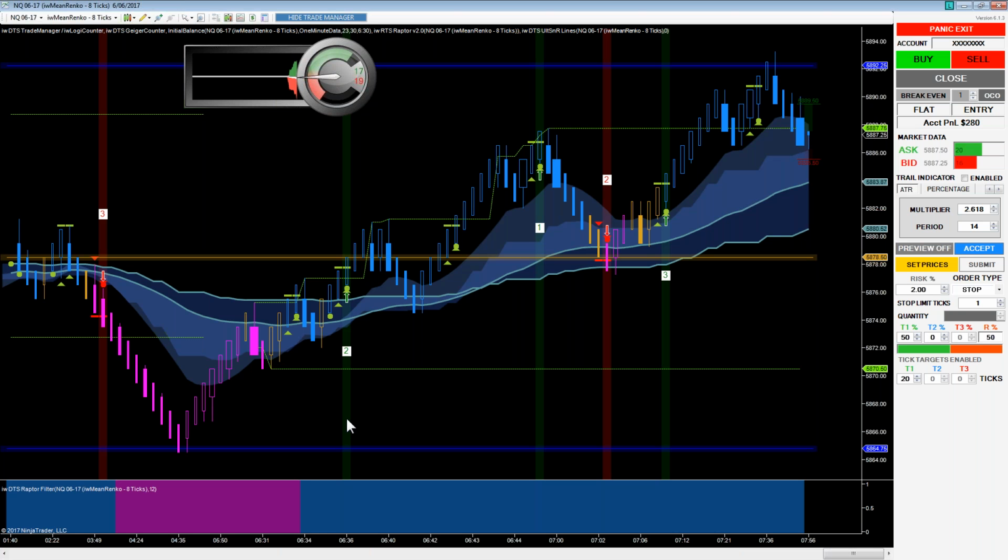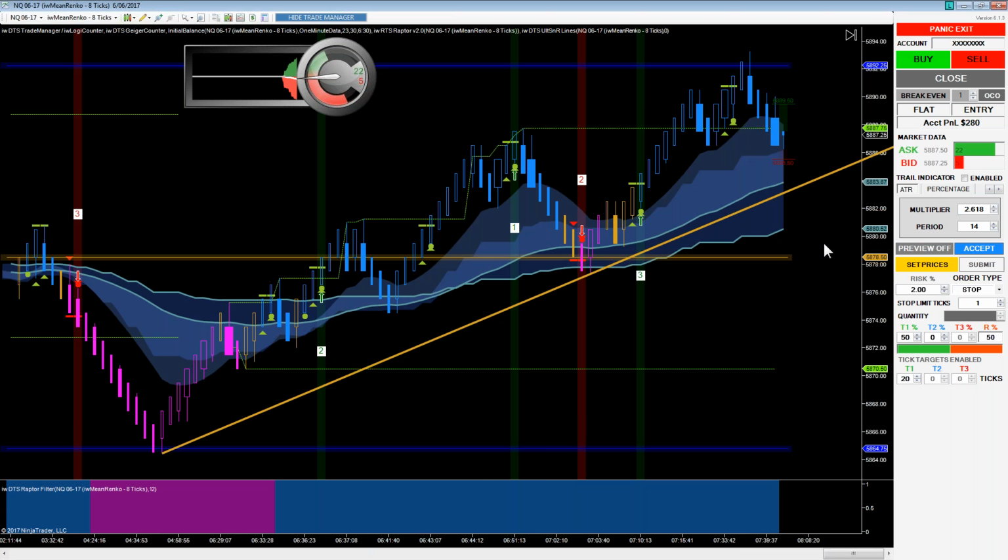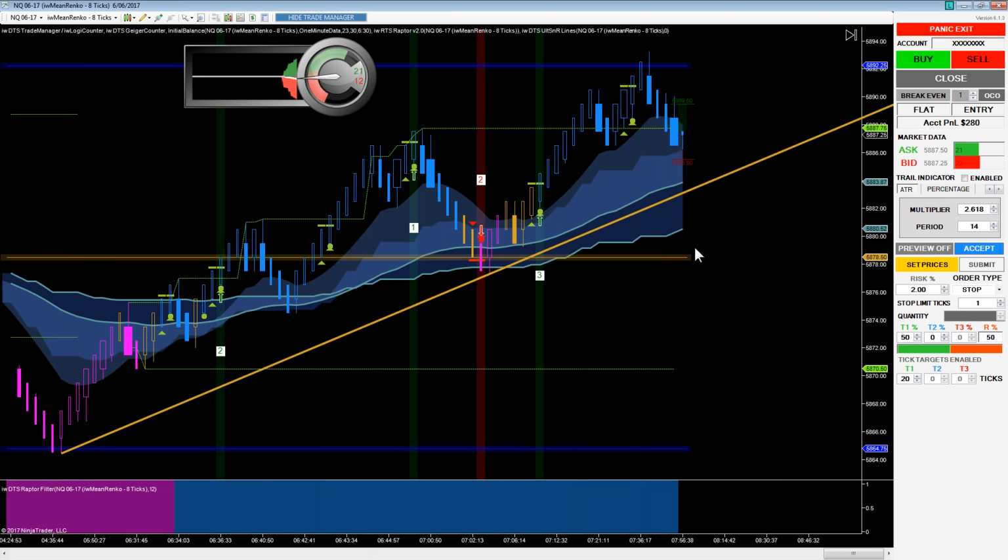Peter asks, do you ever place a limit trade with a large stop loss built into the order? For example, place a limit order with an automatic 15-tick stop loss. So I think what Peter is getting at is, normally when you use limit orders, you're anticipating where the market is going to react, where the market may bounce.